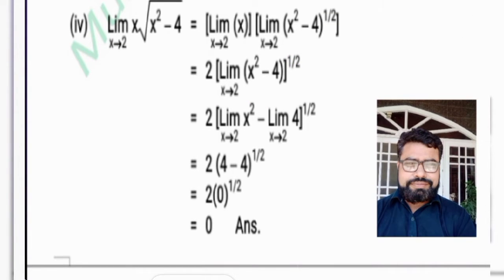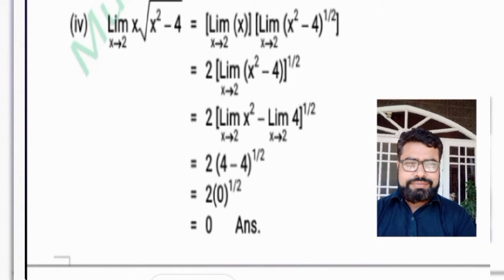Now as there are two terms, that was the theorem number 1, we have to write limit with both the two terms. First term is x square, so we will write limit x approaches to 2 with x square. Now the second term is 4, we have to write limit x approaches to 2 with 4, and there is power 1 by 2, so we will write power 1 by 2.